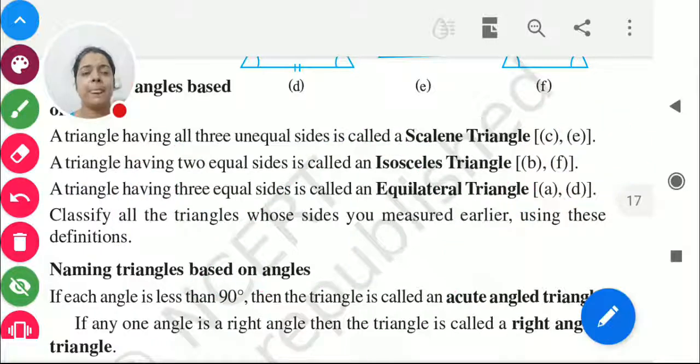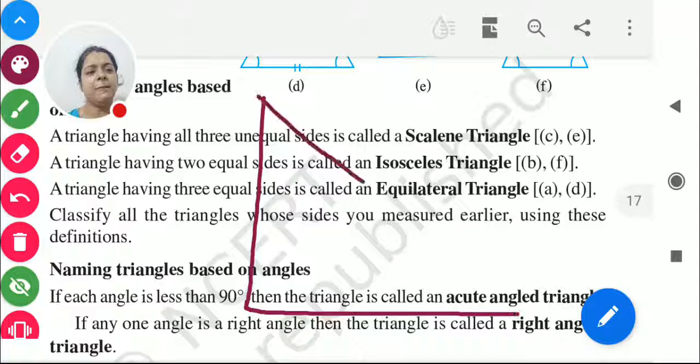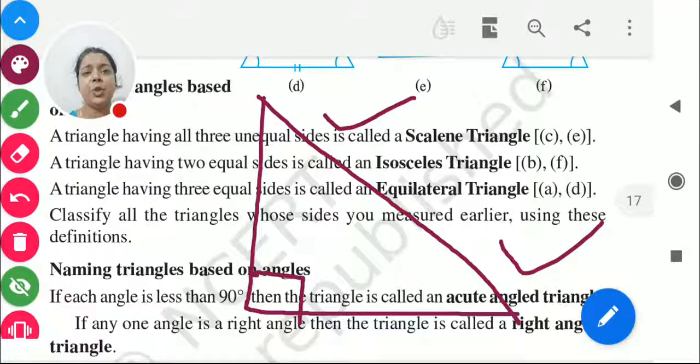Next one. As you people know, we have three angles in a triangle. But here you find there is a kind of triangle which has one right angle. One right angle, and the rest, whatever they are, we don't care.